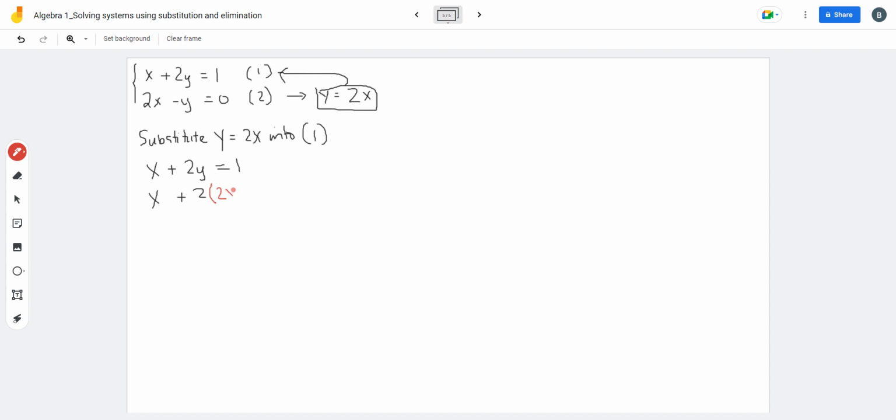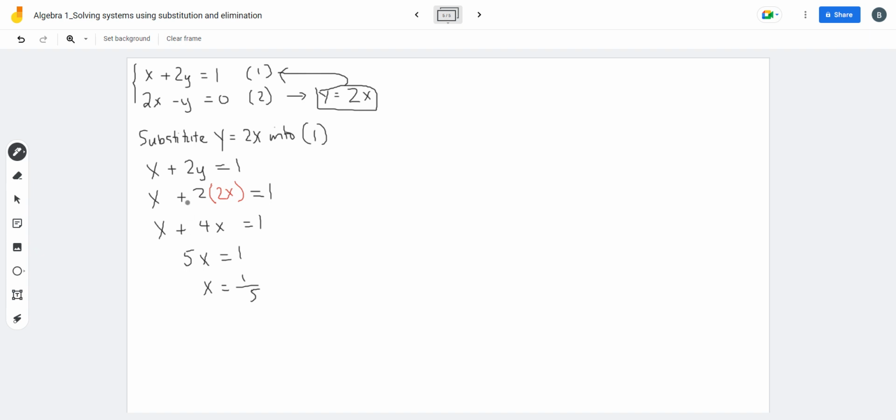So I'm just going to write the new y here in a different color, equals to 1. So here x plus 2 times 2x is 4x equal to 1. So I have 5x equal to 1, or x equal to 1 over 5.